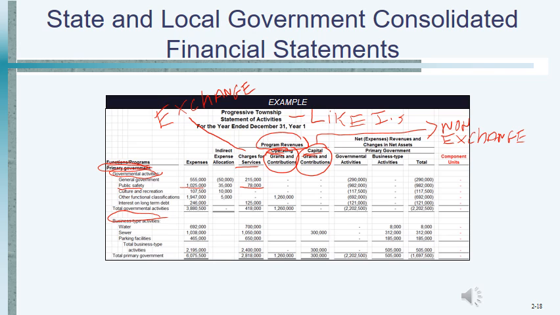And so when they get this money, their operating grant, capital grant, this government in this example didn't get any, but they could have. That money is coming in as money that is helping to defray the public safety function.